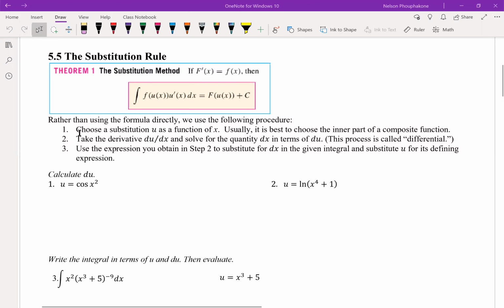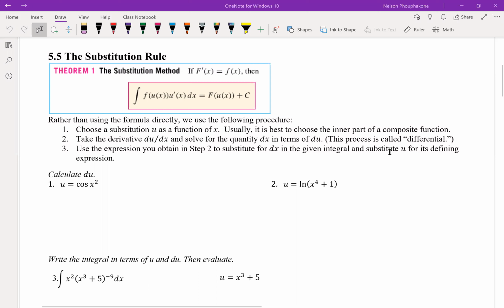First, we choose the substitution u as a function of x. Usually, it is best to choose the inner part of the composition of functions. Second, take the derivative of u with respect to x and solve for the quantity dx in terms of du. This is what we call the differential.